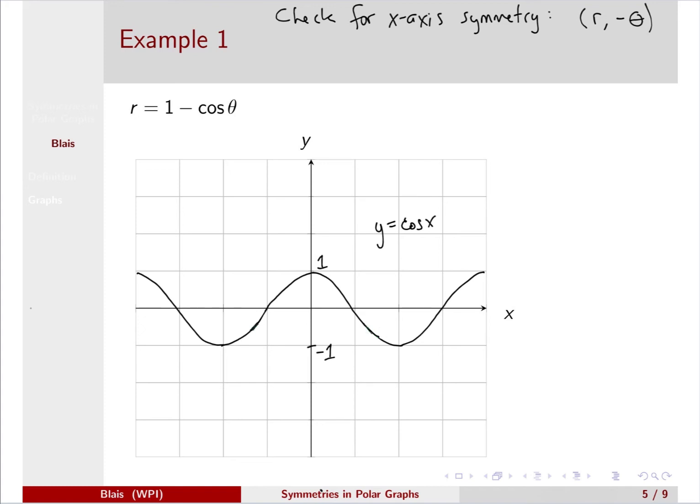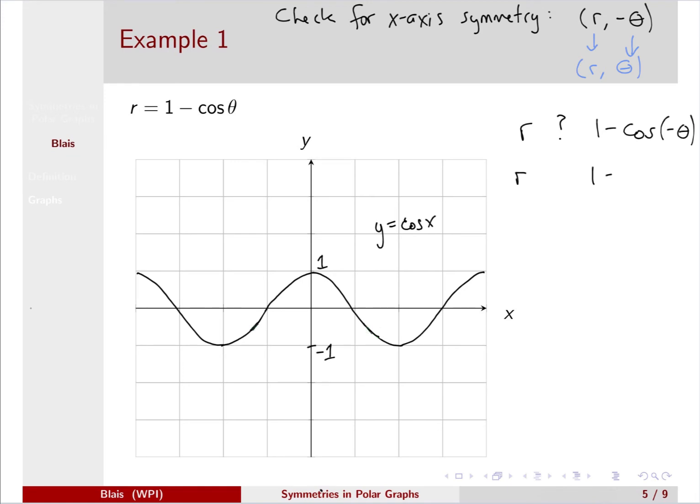So we make replacements: replace r by r in this case, and theta by minus theta, and see if we can recover the equation. So let's do that. We have our new point, r, and are we going to recover the equation if we replace theta with minus theta?